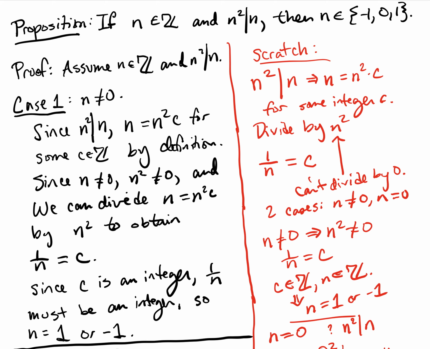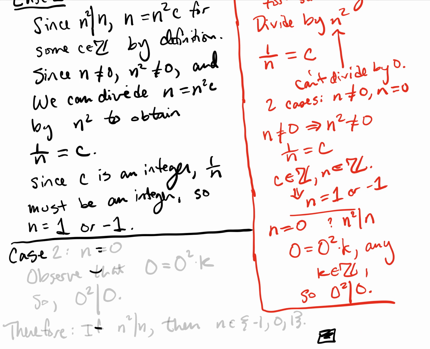Our other case is n is equal to 0. In this case, we can observe that 0 is equal to 0 squared times any integer k. And so by definition, 0 squared does divide 0.